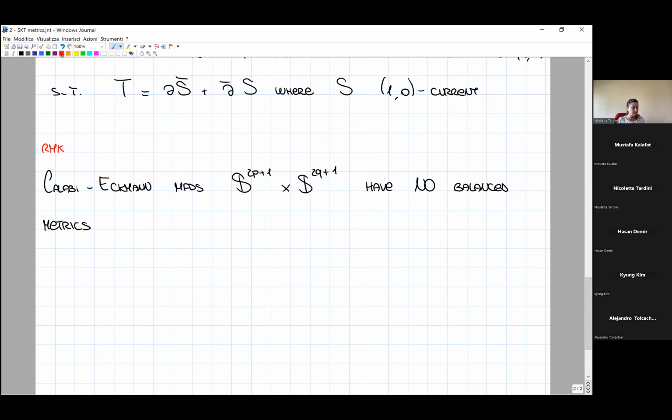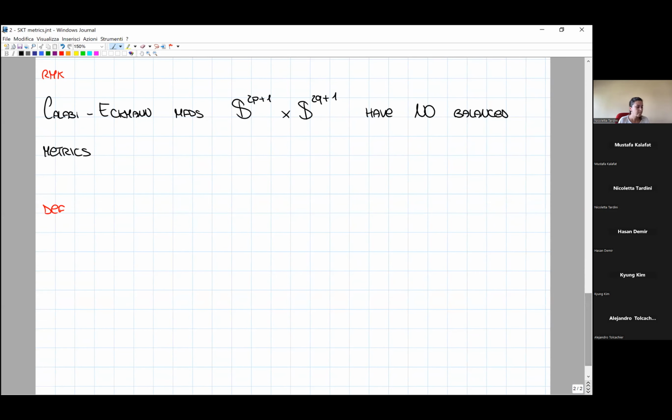Okay, so before stating the second important result about balanced metrics that we're going to see today, let me first recall a definition. That is the definition of modification between complex manifolds. Suppose that M and N are complex manifolds.